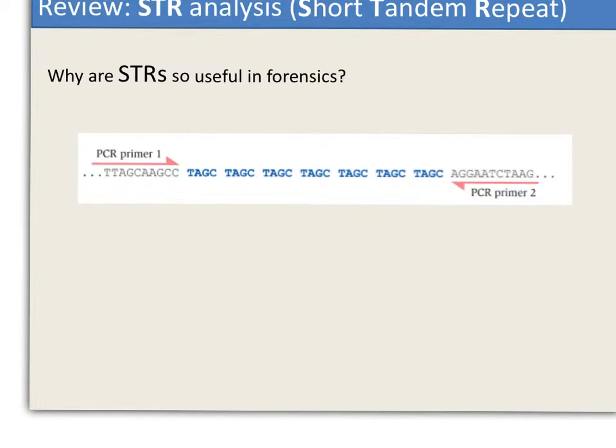Well, here's the repeats. This person has 3, 4, 7 repeats. Can we differentiate this person from someone else? Someone else might have 8, or 9, or 3 repeats. And so we can use these STRs to figure out if someone is actually a possible suspect or not.